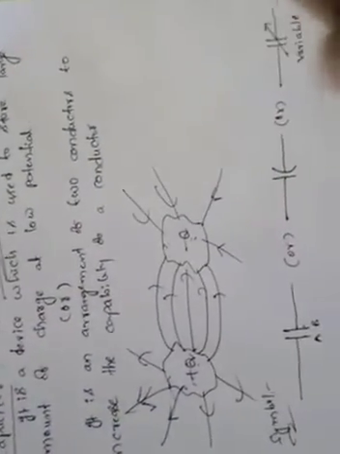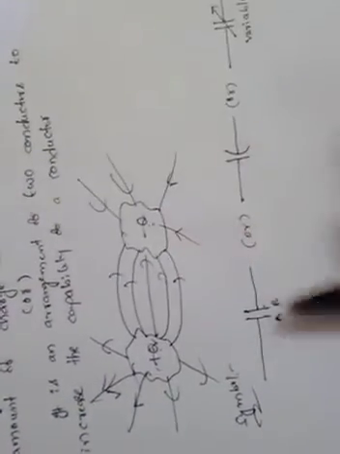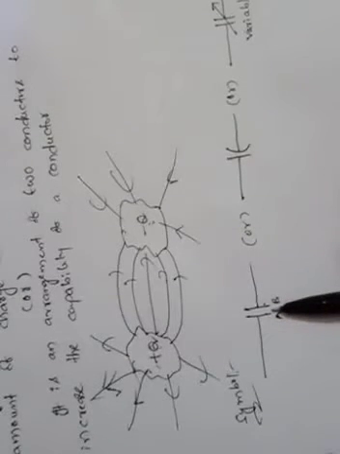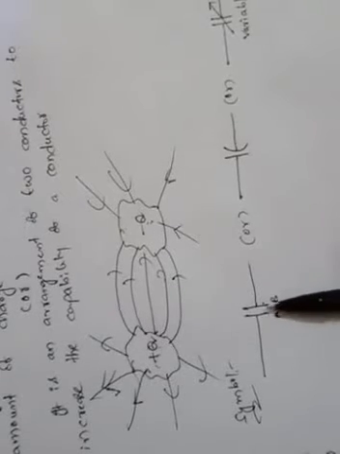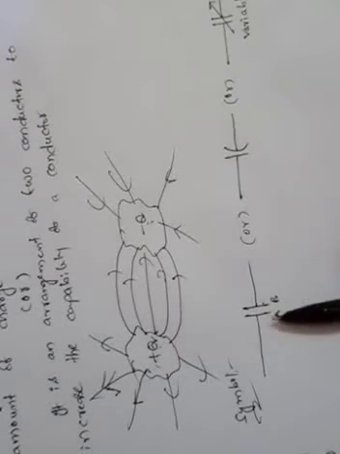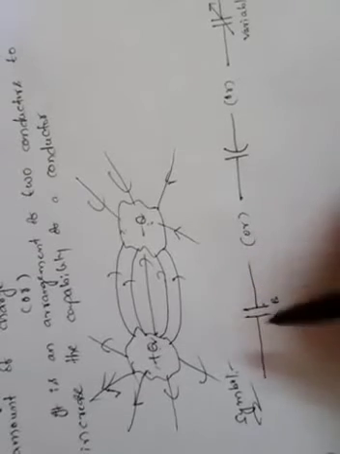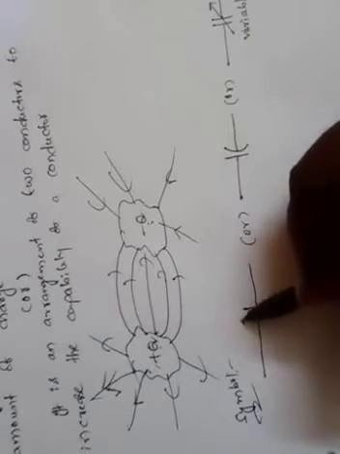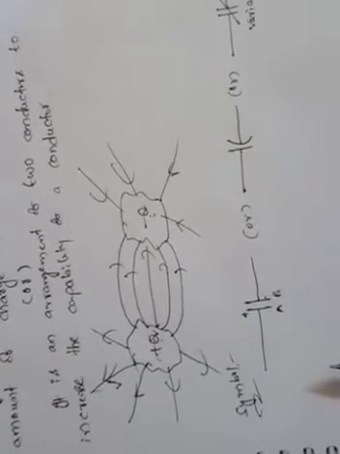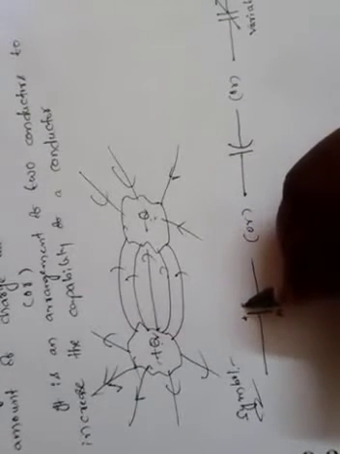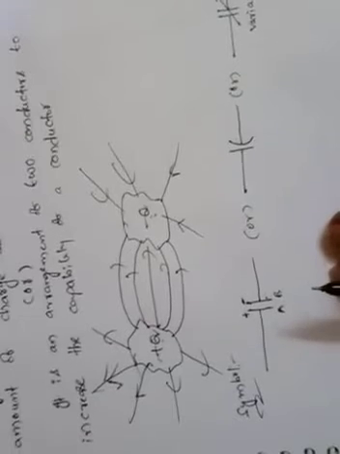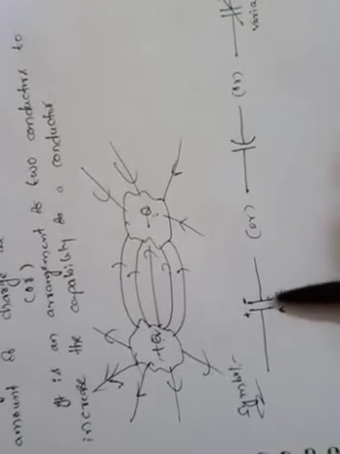When a capacitor is charged, one of the two conductors will be given a positive charge, suppose this one, and the other is given a negative charge of the same magnitude.